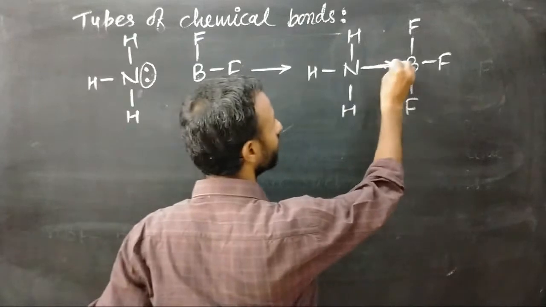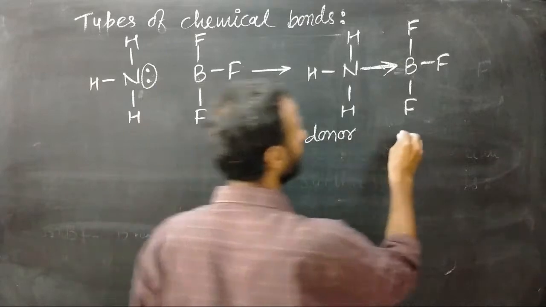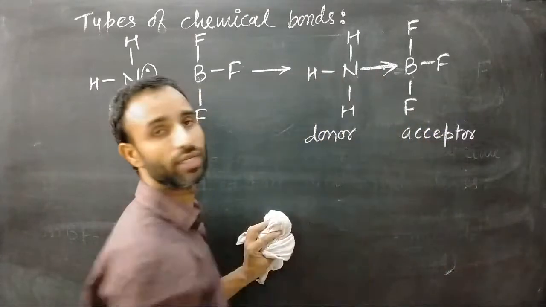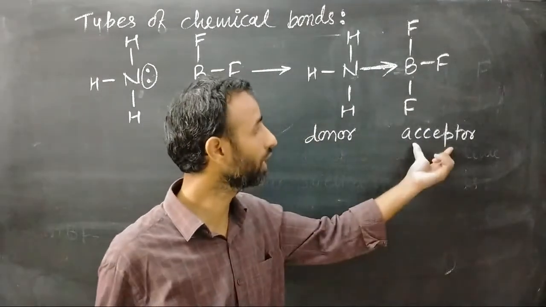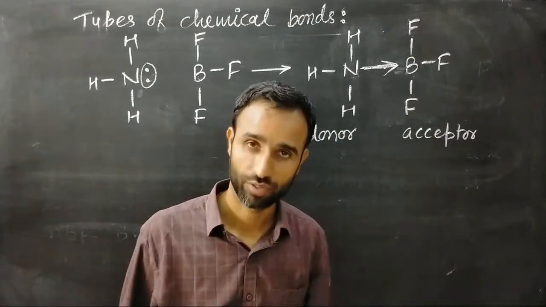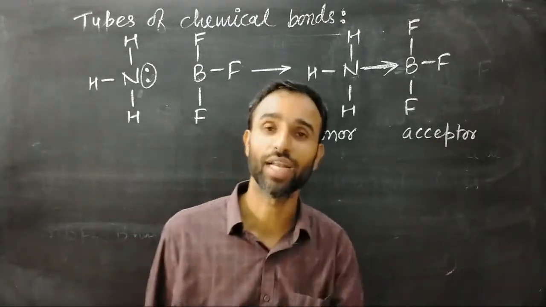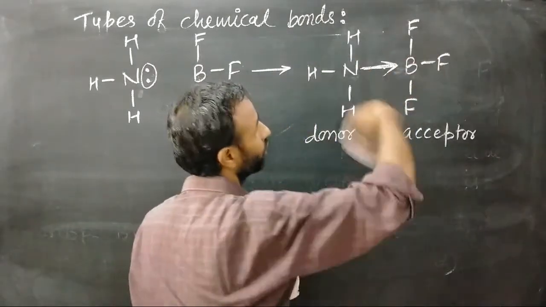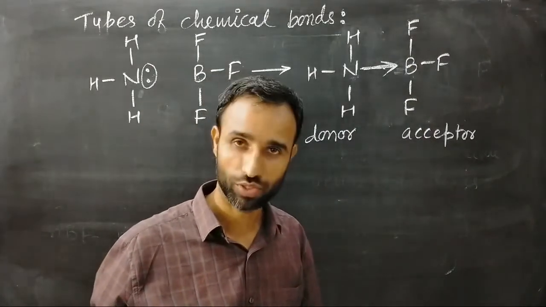The arrow is from the donor to the acceptor. Means this donates the whole pair for the sharing, and this accepts the shared pair of electrons without giving any single electron. But what is the benefit of doing that? Both have an octet of electrons now.